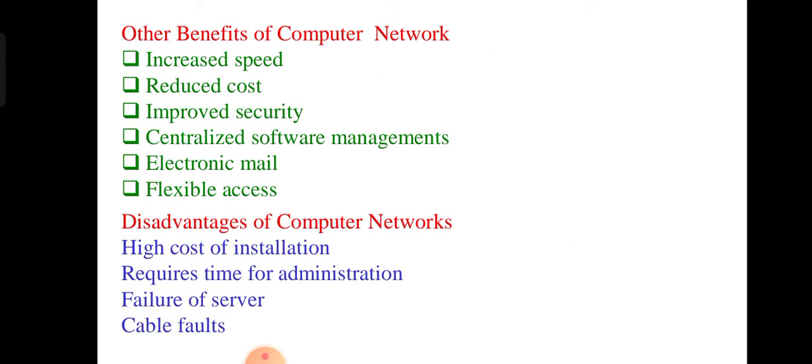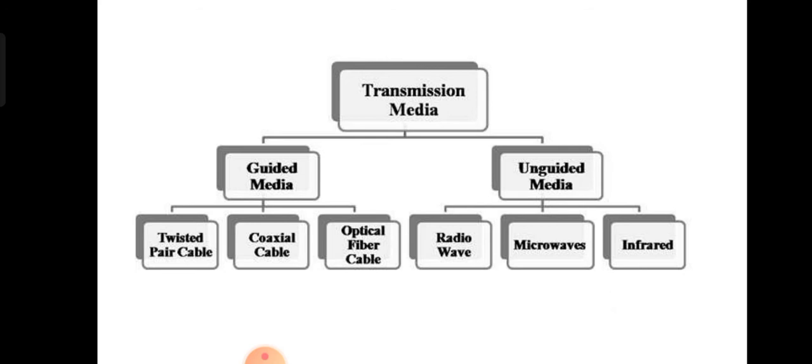This page also lists some of the benefits of a computer network, and this is the main important part of this unit. This is also part of the transmission medium. I already told you, wired communication means we use a communication medium like wired communication, so we have guided and unguided media.